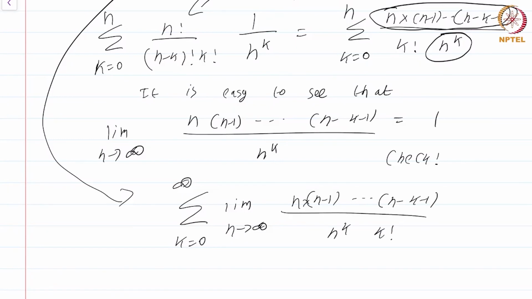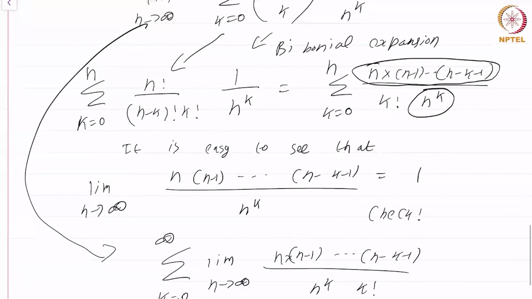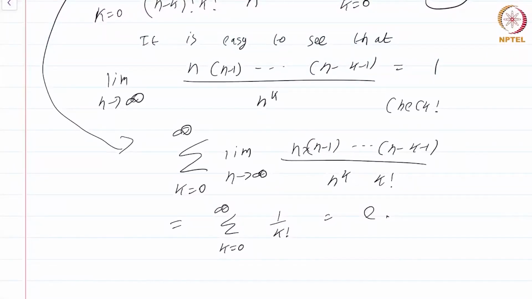We know that this limit is going to be equal to 1 by k factorial. We will end up with summation k equals 0 to infinity 1 by k factorial, which is exactly e. The only problem is this step where I'm just sneakily taking the limit inside. Applying the limit requires a proof. It's not always true that you can just interchange stuff like this.